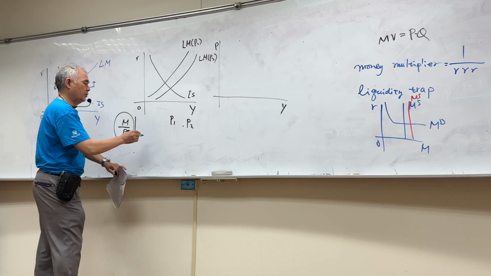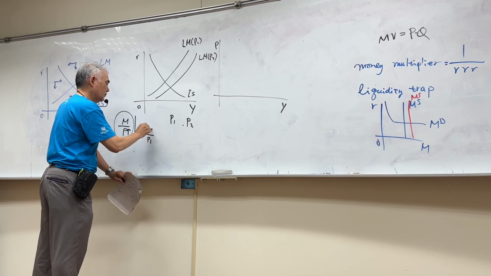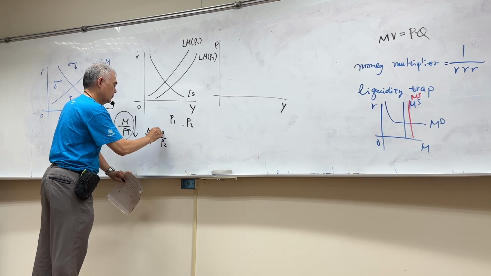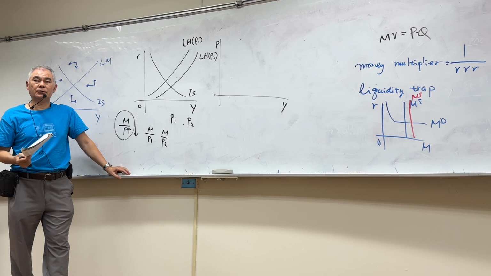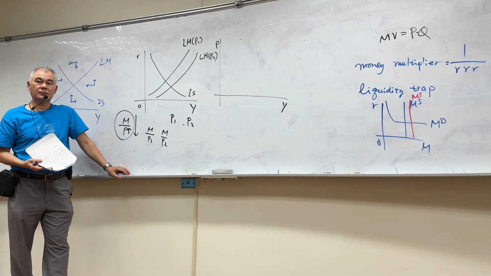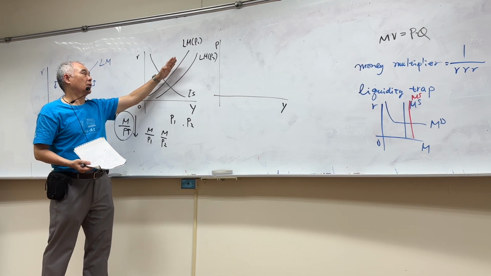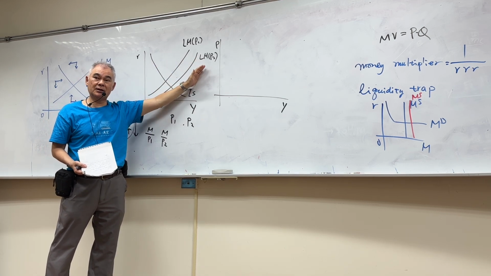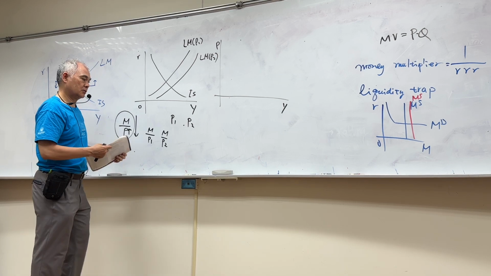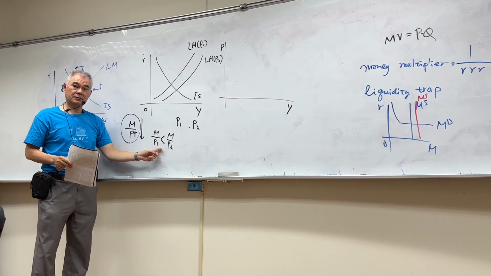Okay, let me put it this way. P1 M, P2 M. So which one is larger if you look at real money balance? This one, and this one is to the right, meaning you have an increase in money supply, right? So actually it is this.